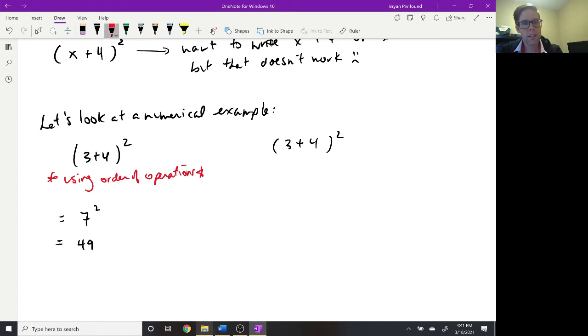Now let's go back and assume that we can distribute the square through the bracket, so we can distribute exponentiation across addition.